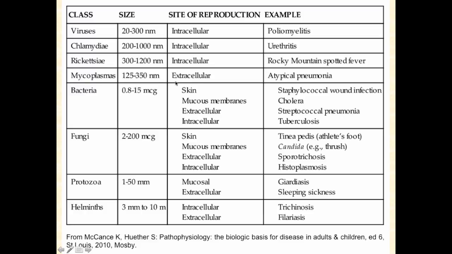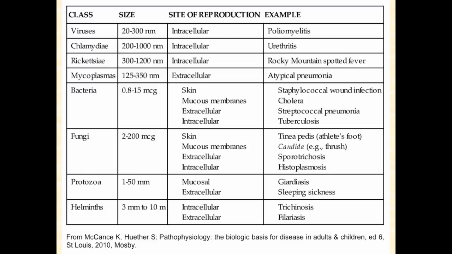The rest, most of them, occupy the extracellular environment, so they live in things like skin and mucous membranes and other locations. And then there are some examples of diseases that fit in these classes. As you can see, there's a wide variety of classes of pathogenic microorganisms.